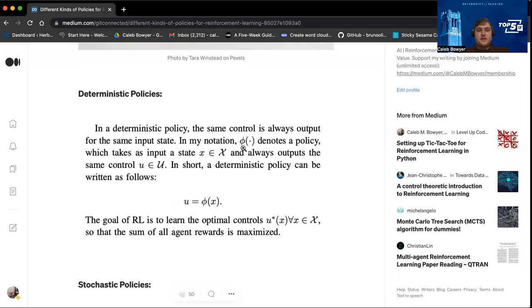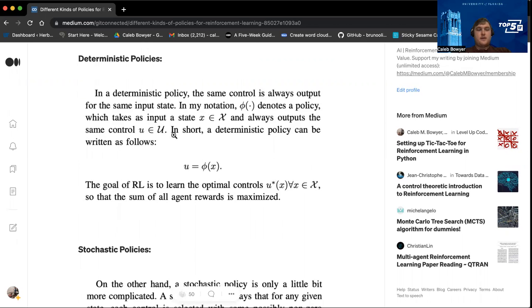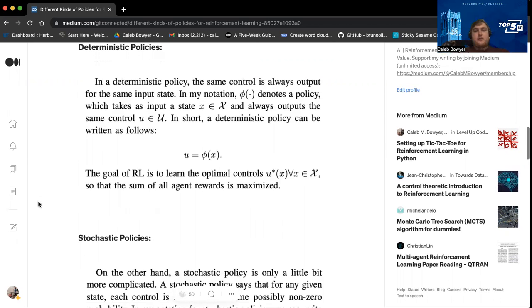In my notation, I like to use phi to denote a policy, which takes as input a state X in the state space and always outputs the same control U in the control space. In short, a deterministic policy can be written as follows. U is equal to phi of X.